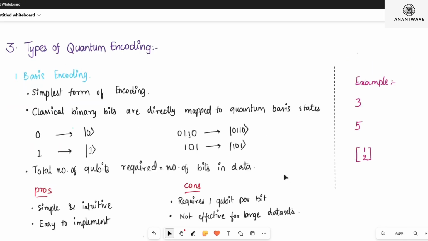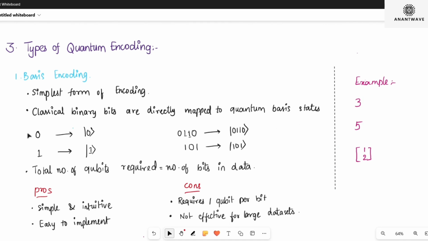Now let's see types of quantum encoding. We have three types of quantum encoding: basis encoding, angle encoding, and amplitude encoding. First, let's see basis encoding. It is the simplest form of encoding. Classical binary bits are directly mapped to quantum basis states.